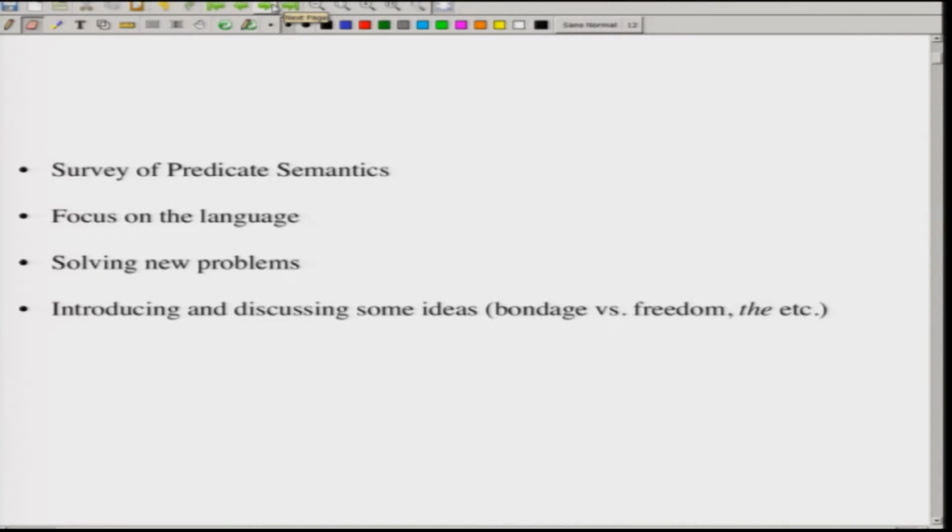For example, we did not talk much about bondage and freedom, but this is a very important idea in predicate calculus. So, we shall talk a bit about it, so that we understand semantics a little better. And then the English definite article 'the', we did not talk about it in the previous sessions. So, these are the notions we are going to cover in this session.